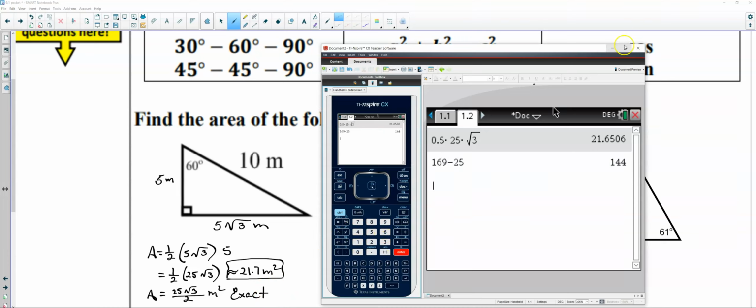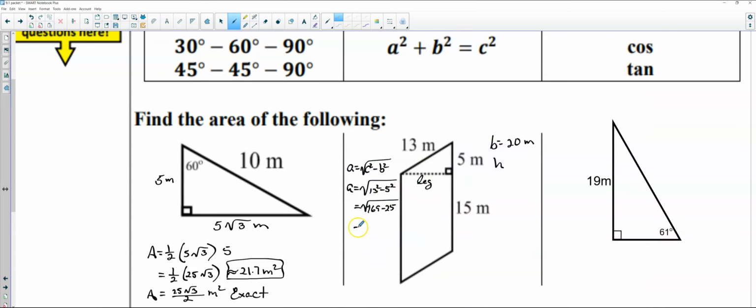That's 144. So actually it's a perfect square. Notice that's 144, which is 12. So this leg right here is 12. Okay, so that's actually a Pythagorean triple. This is 12 meters. Now I have my height being 12 meters.